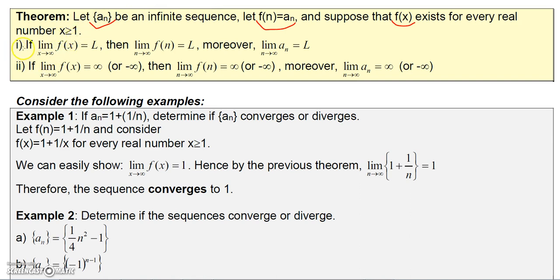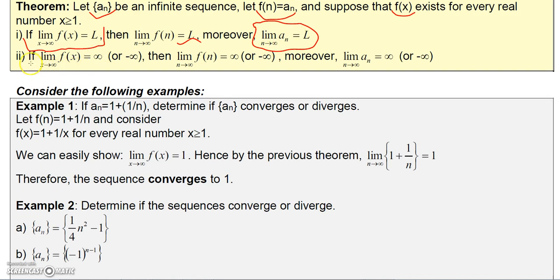Well, then if the limit of the function as x goes to infinity is L, then the limit of the sequence as n goes to infinity must also equal L. Another way to say that is: the limit of the sequence a sub n as n goes to infinity is L.